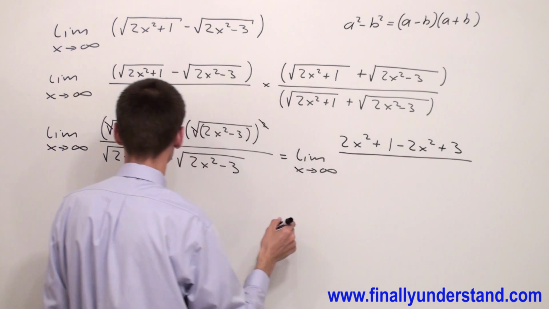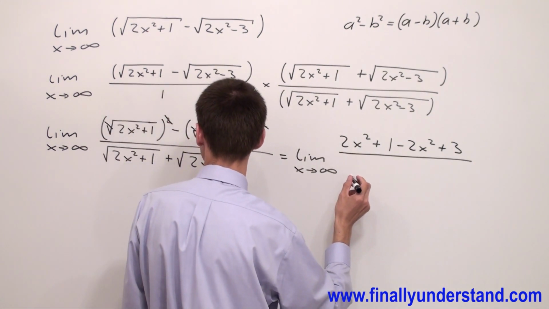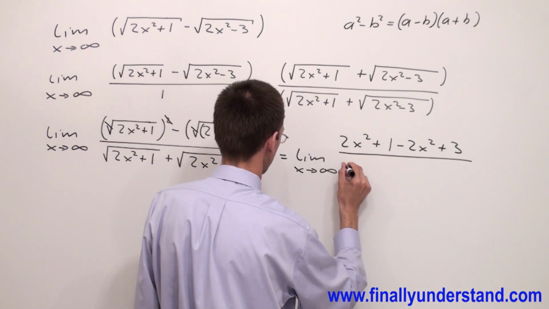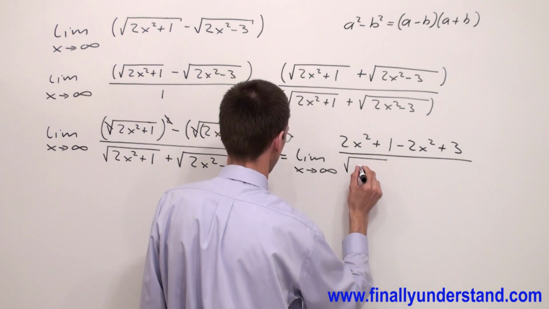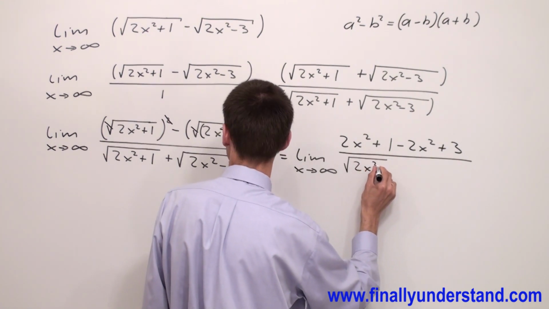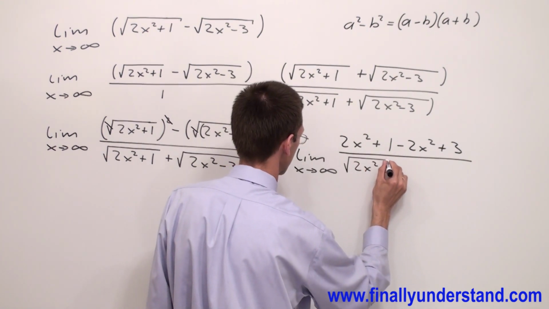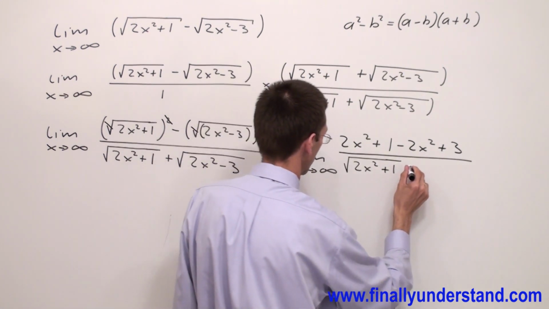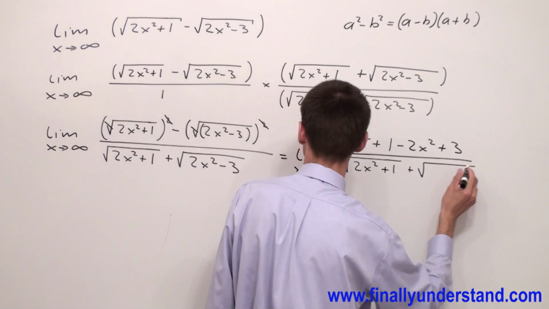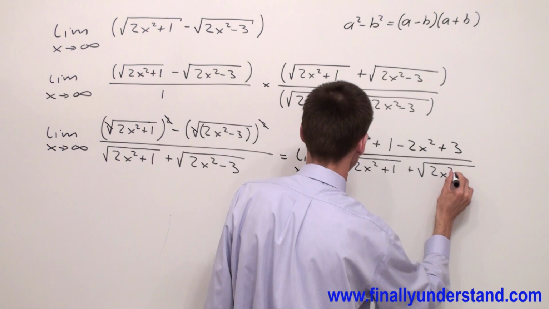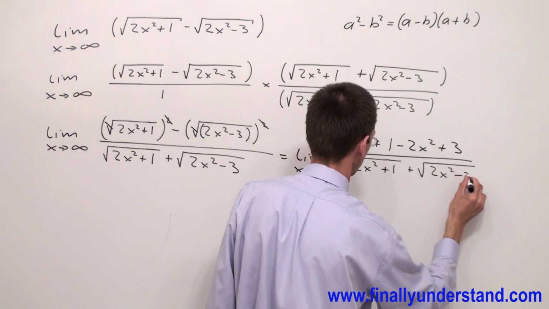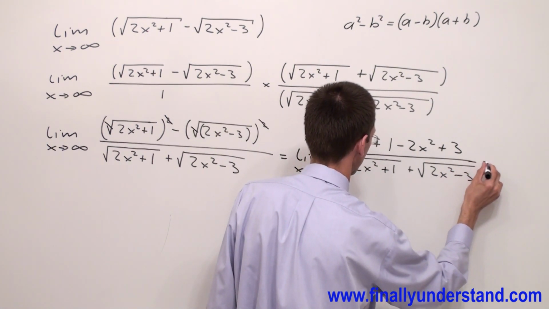In the denominator, I'm going to have square root of 2x squared plus 1 plus square root of 2x squared minus 3.